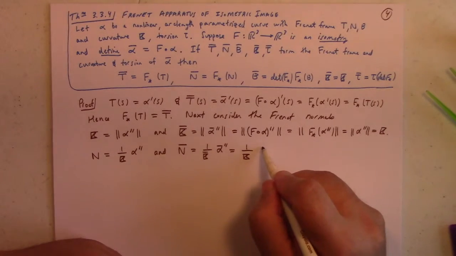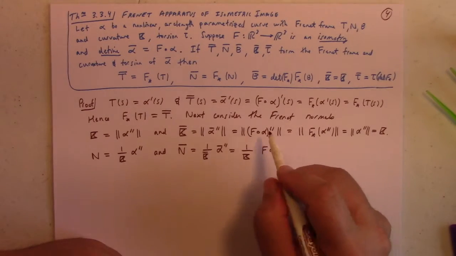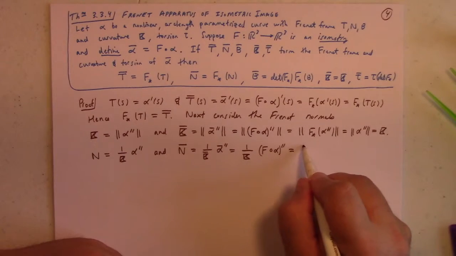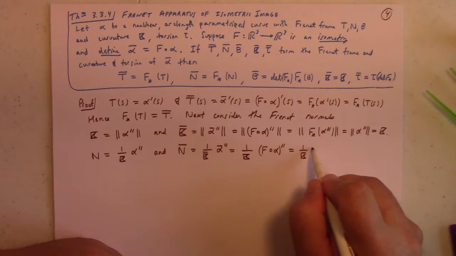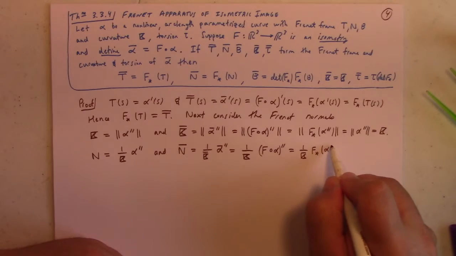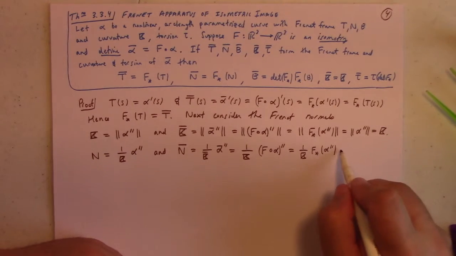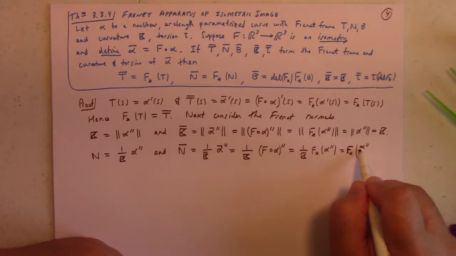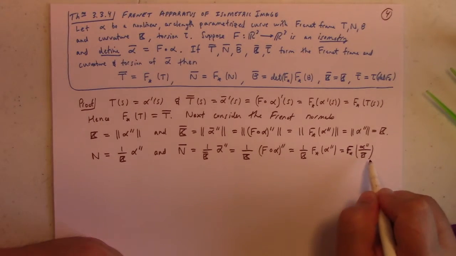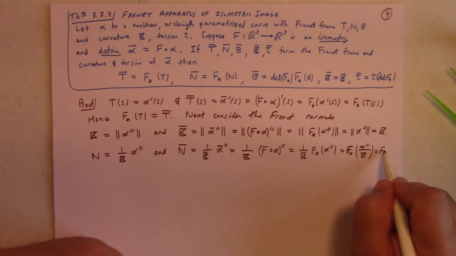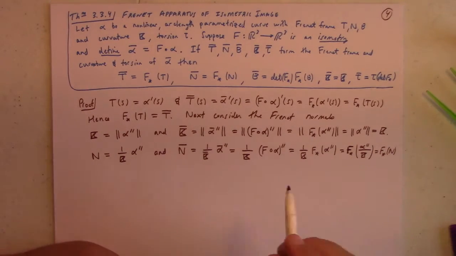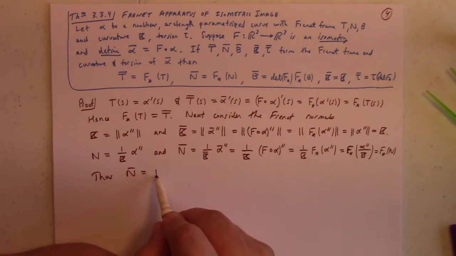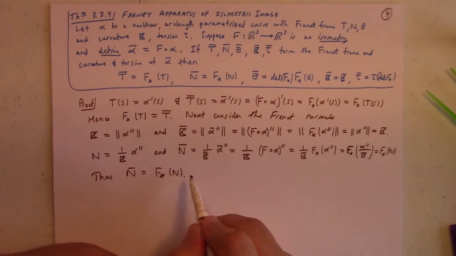And that is f composed with alpha, prime prime, which is 1 over the curvature times the push forward of alpha prime prime, but we can bring the curvature inside: the push forward of alpha prime prime over the curvature. You can recognize that as the push forward of N. Thus, N bar is in fact the push forward of N.